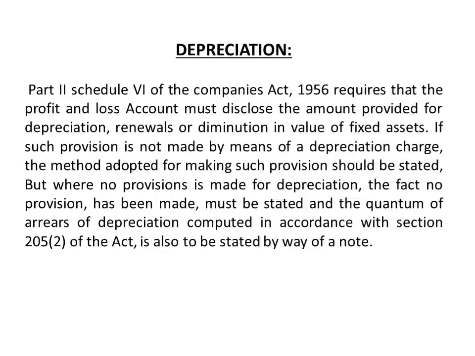If such provision is not made by means of a depreciation charge, the method adopted for making such provision should be stated. But where no provision is made for depreciation, the fact that no provision has been made must be stated, and the quantum of arrears of depreciation computed in accordance with Section 205 subsection 2 of the Act is also to be stated by way of a note.